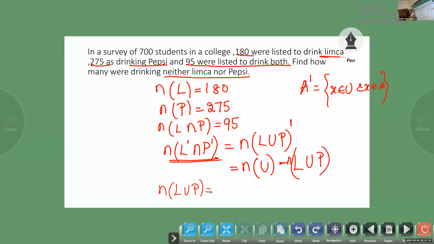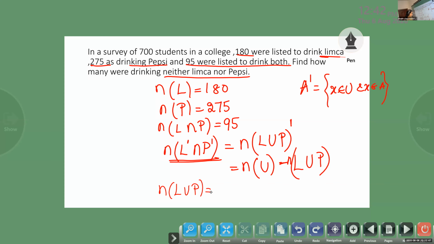Okay, Karthik, give the formula. What formula to find N of L union P? I don't want the final answer.